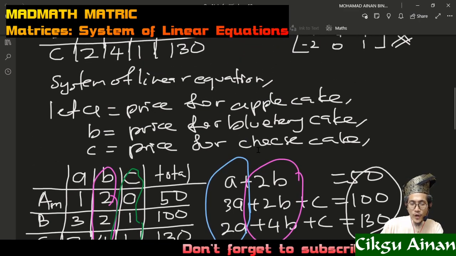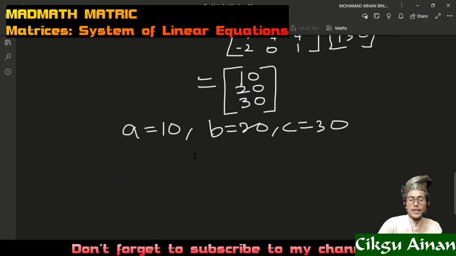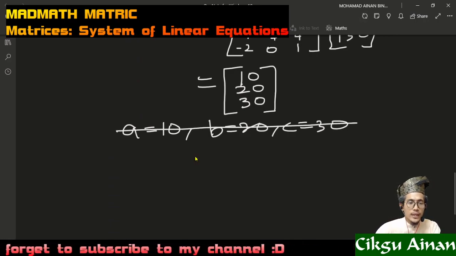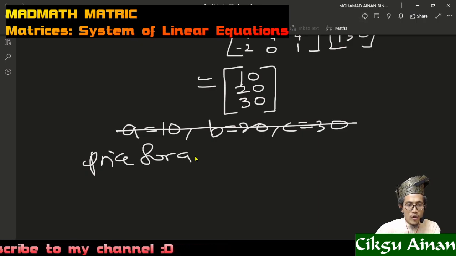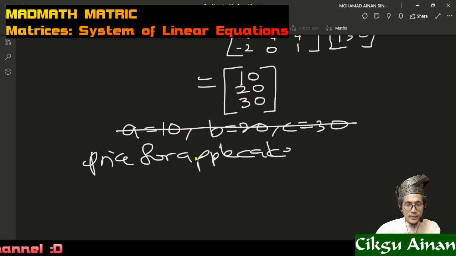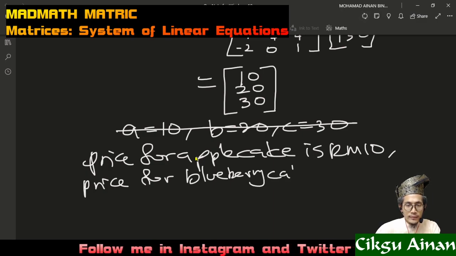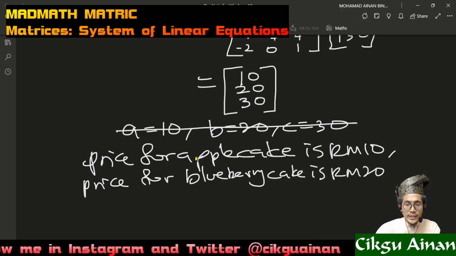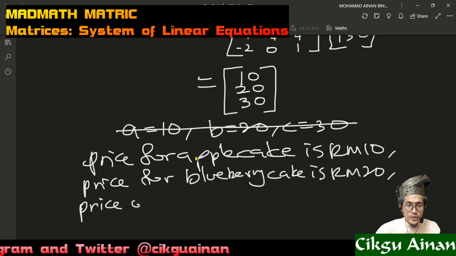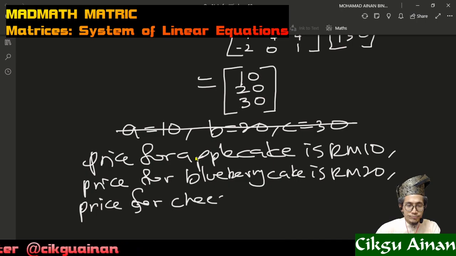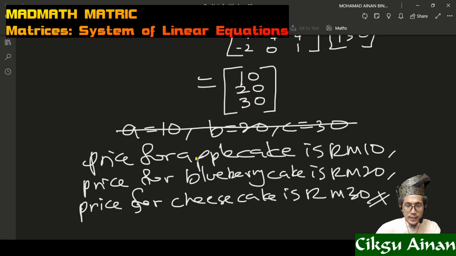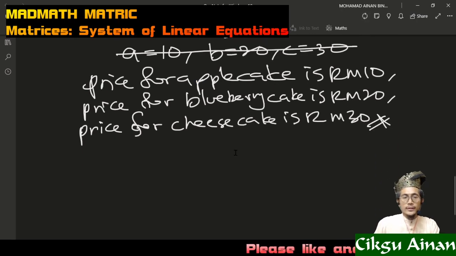Because over here A is the price for apple cake, we have to write it out. So the price for apple cake is RM10, the price for blueberry cake is RM20, and last but not least, the price for cheesecake is RM30.